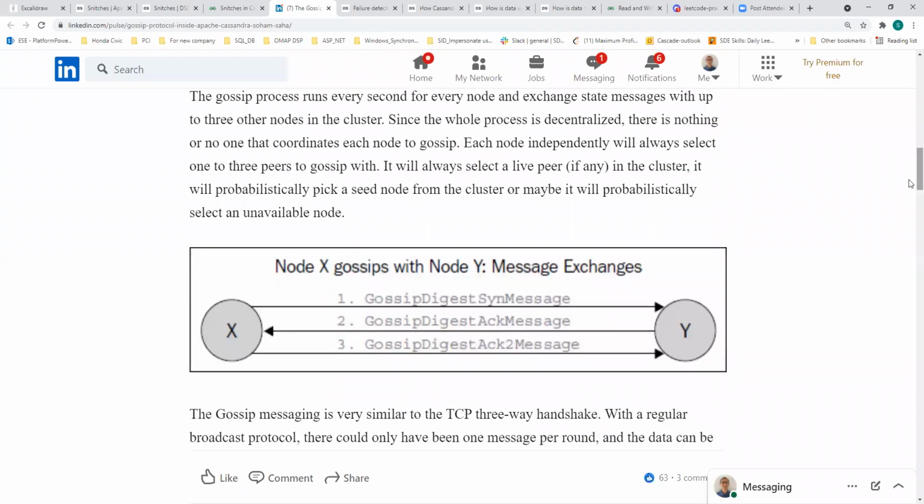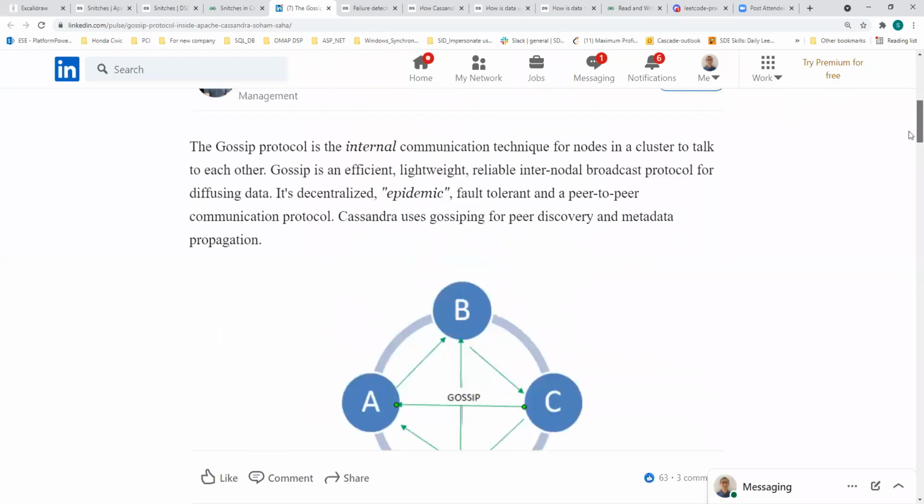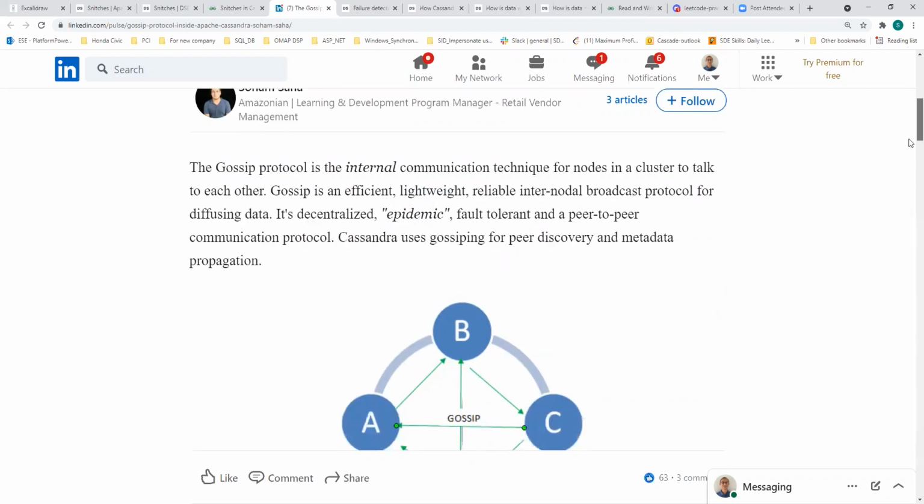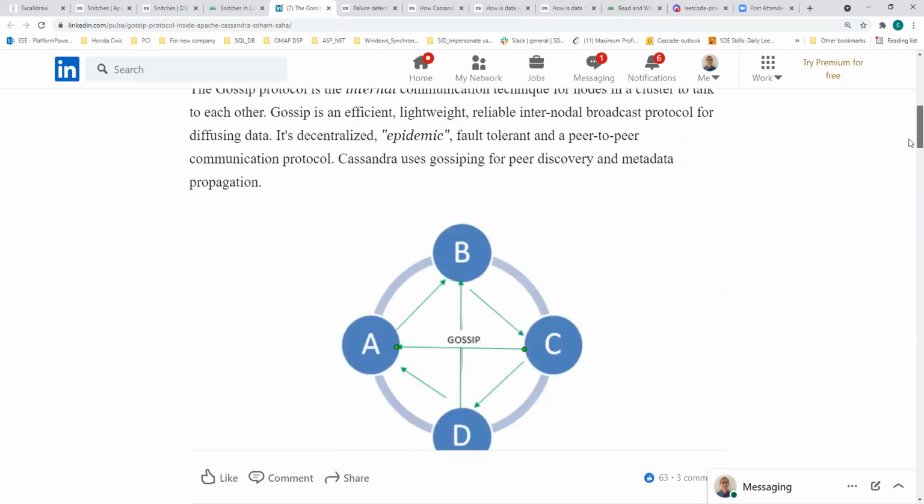If we look here, it is an internal communication technique for nodes in a cluster to talk to each other. And gossip is efficient, lightweight, reliable, and all that stuff. It is decentralized, because that's the nature of our leaderless system also, right?